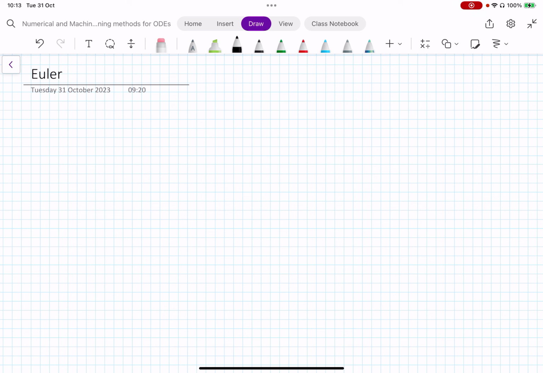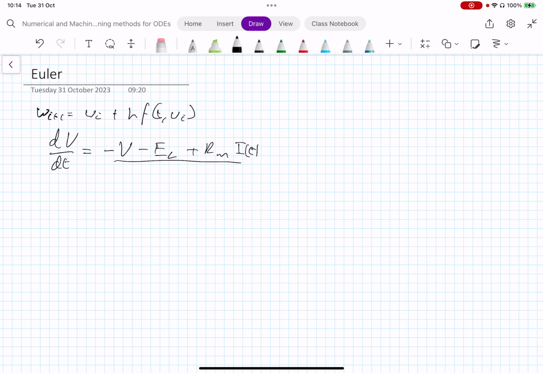So the simplest method is the Euler method. As we know, the Euler method is just w_{i+1} is equal to w_i plus h times f(t, w_i). Now, our equation, I'm going to rewrite it and bring the tau over: dV/dt is equal to minus (V minus E_L) plus R_m times I(t), I a function of t, divided by tau_m.